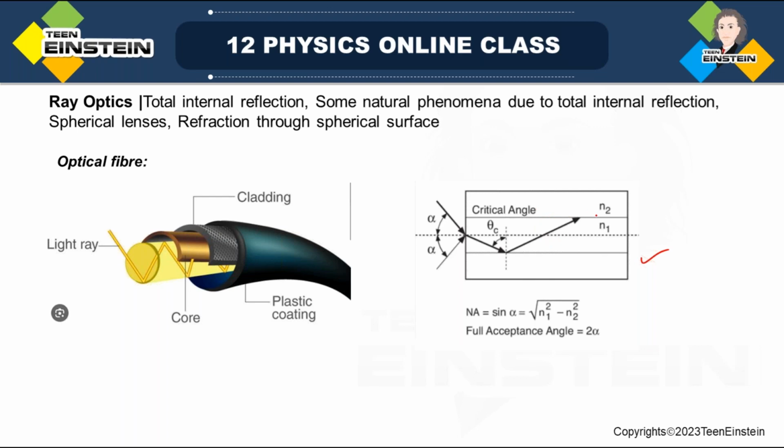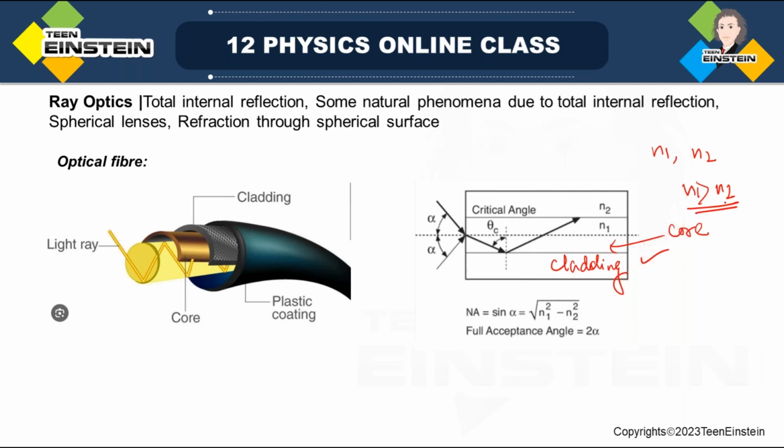This part is called cladding, the outer part, and the inner part is called core. Core has suppose refractive index n1, and the cladding has refractive index n2. This n1 is always greater than n2.